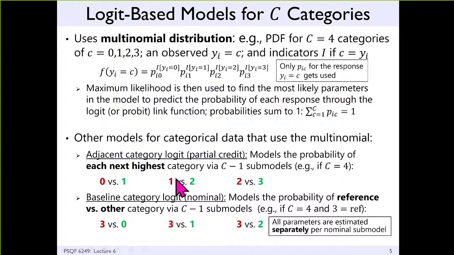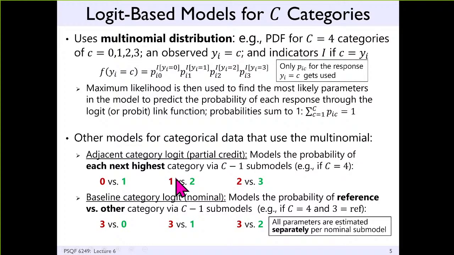And if you are unwilling to say there's any kind of ordering whatsoever, then you can designate one of the response options as your reference and essentially have what looks like a dummy-coded solution. So a nominal model, or what's known as a baseline category logit, say would pick 3.